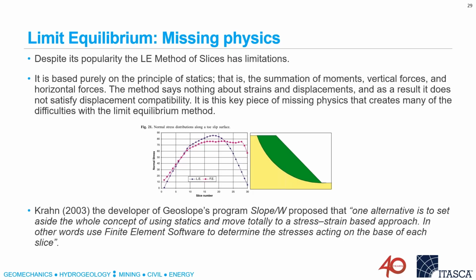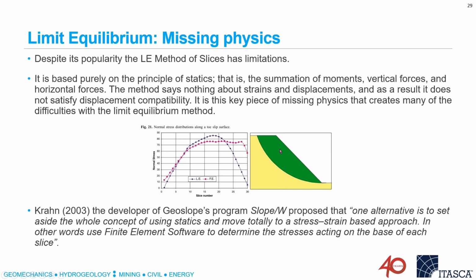Another problem is the assumption that the vertical stress at the toe of each of the slices can be calculated by the weight of the material directly above it. And this chart on the left-hand side here compares the slice number and the normal stress from the limit equilibrium assumption, which is this sort of parabola-shaped blue dots, and the actual finite element distribution, which is much different.